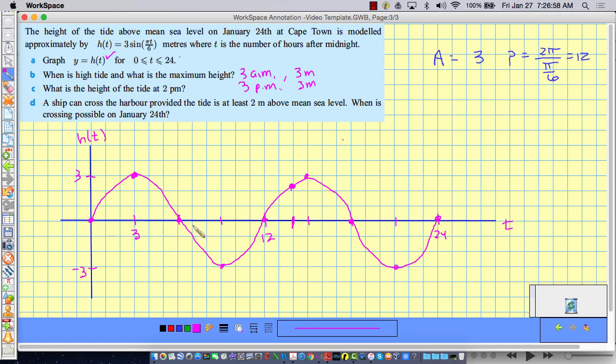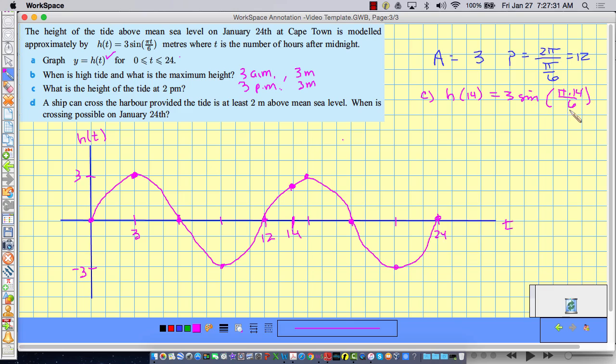But remember, this isn't a 2, this is a 14, because t is the number of hours after midnight, and this is midnight, the first hour after midnight, second, and so on. So this is 14. So for part C, we have to find H of 14, which is equal to 3 sine of pi times 14 all over 6.